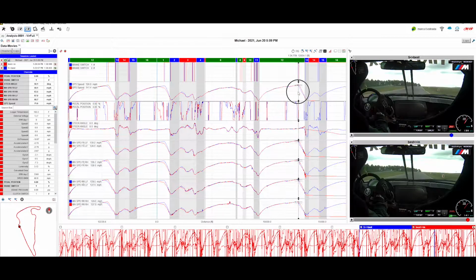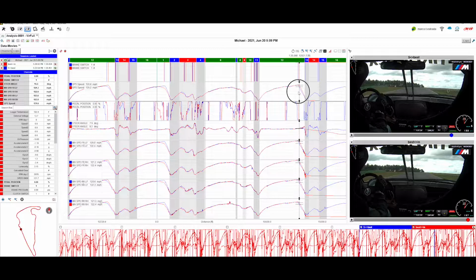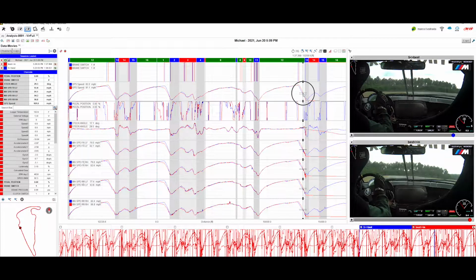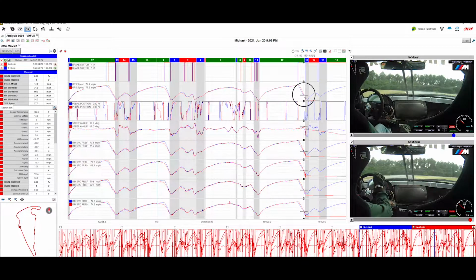So that's what you've got to look at in here. Looking at this data trace, it looks like the brakes are braking no different than the lap before as far as decelerating the car. At some point they meet at about 71 miles an hour and 70.6, about a mile difference in speed.